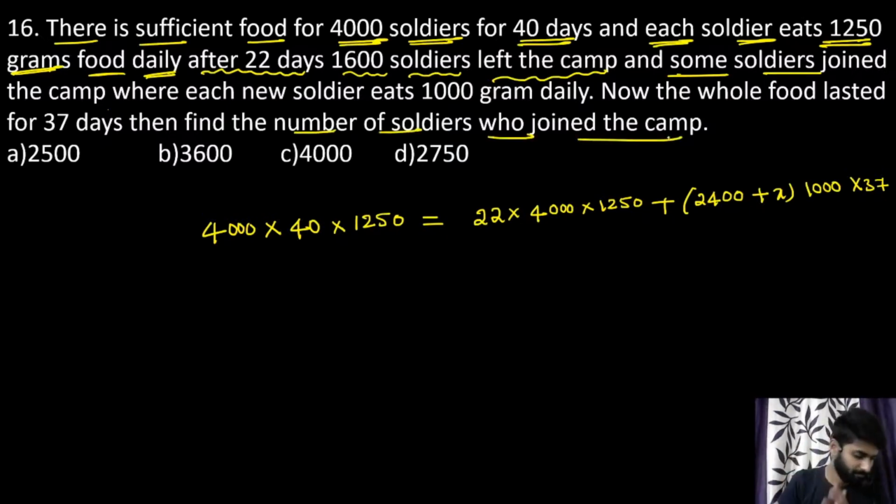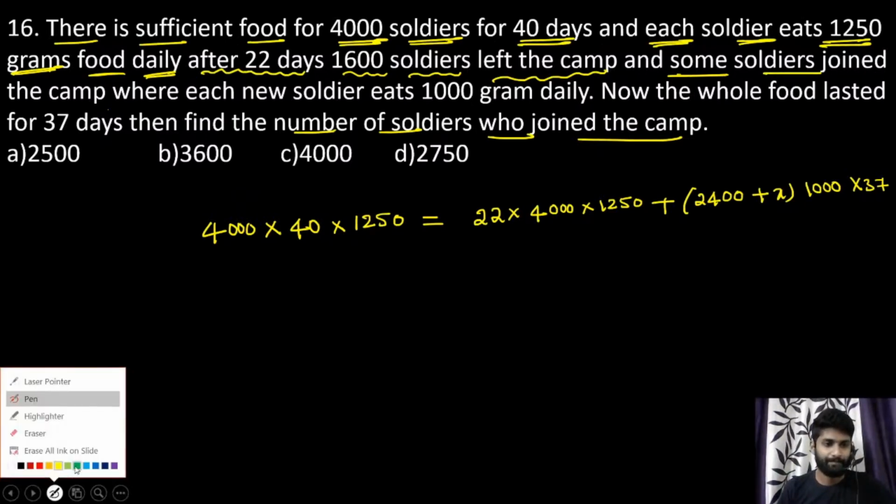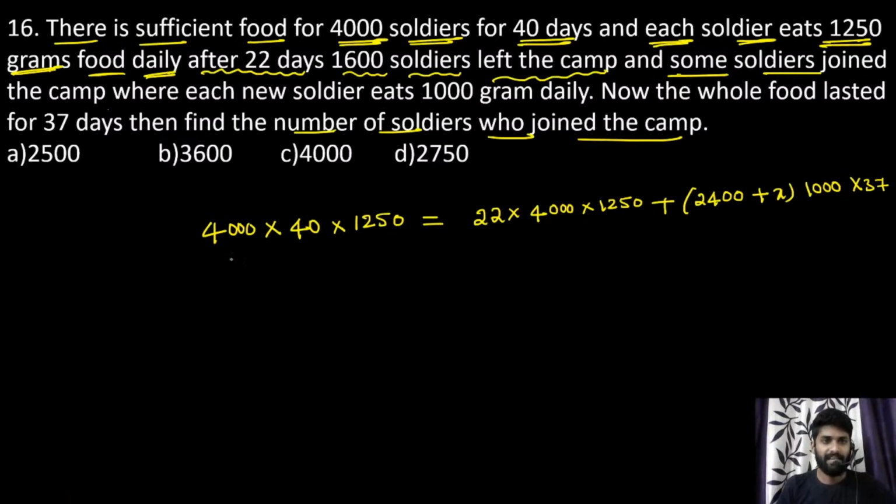Everyone clear? Now again, guys, just listen carefully. Initially there is a plan for 4000 soldiers, planned for 40 days, consuming 1250. After 22 days, 1600 soldiers left the camp. It means for the first 22 days all 4000 members are available and consume 1250 grams.